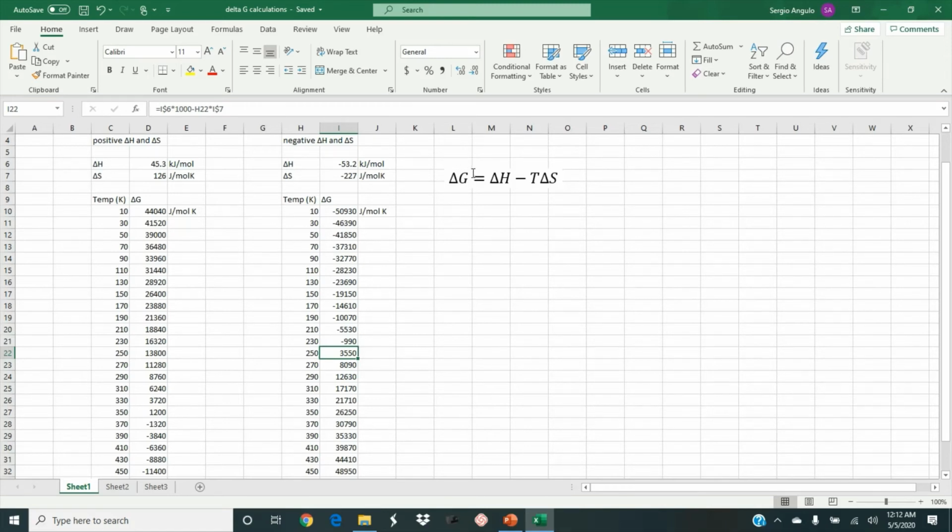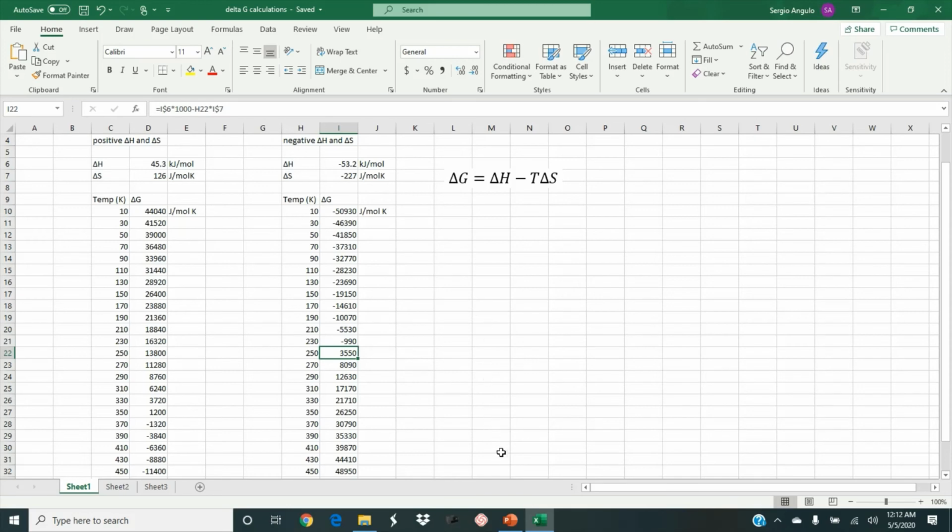When delta G is 0, that's the temperature at which, above that is spontaneous and below is non-spontaneous, or vice versa. And all you do is solve for what that temperature is. You plug in 0 for delta G, plug in the delta H and delta S, and all you have to do is solve for T. And T is the equilibrium temperature, the temperature above which delta G will be either positive or negative, and below which it will be the opposite. Okay.